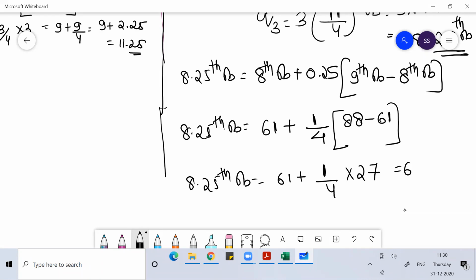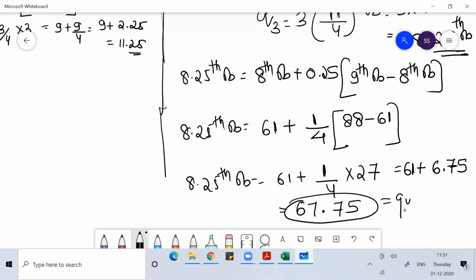This is 61 plus 27 by 4, which is 61 plus 6.75, giving 67.75. This is your third quartile.